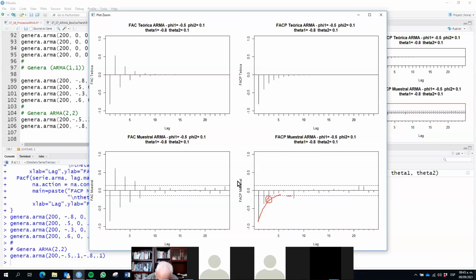But the fact that you have alternating signs here is a clear indication that you have an autoregressive component. So in this case, it's very clear that you will have an ARMA model. It's not that clear that it will be 1-1 or 2-2 or something like that.